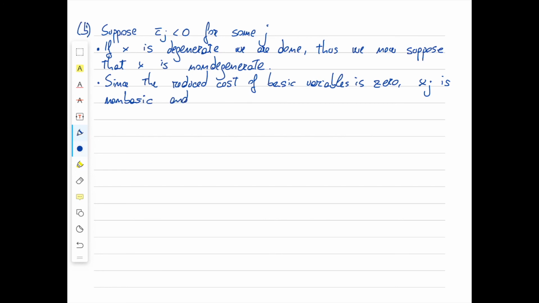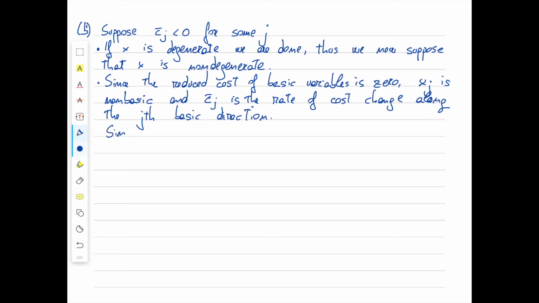Therefore, c bar j is the rate of cost change along the jth basic direction. Now, because of non-degeneracy, this is a feasible direction.